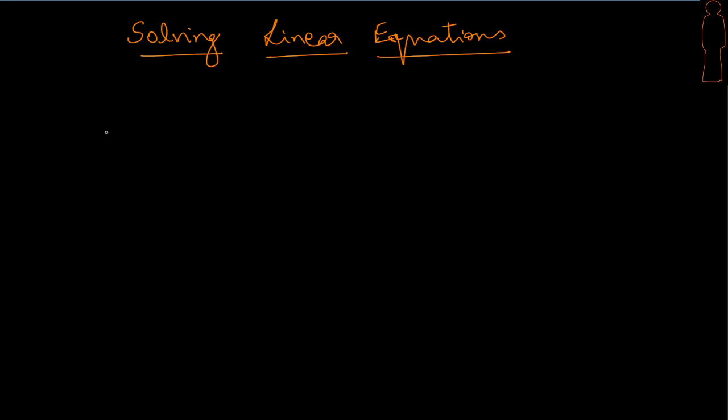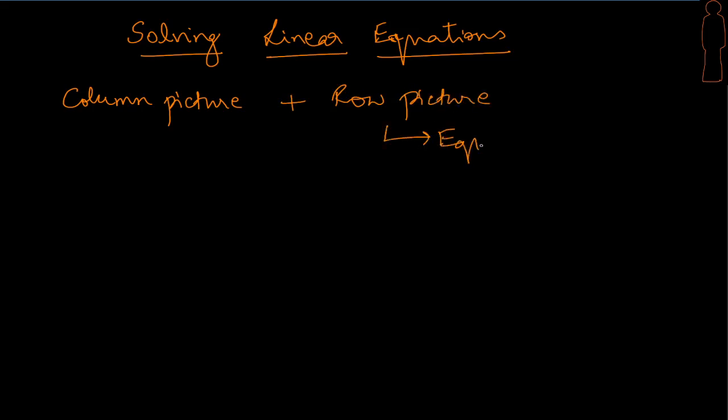So let's just try to remember what we did in the previous session. The essence of the previous session was what we called the column picture, and we also looked at the row picture. The row picture represents the equations as such.